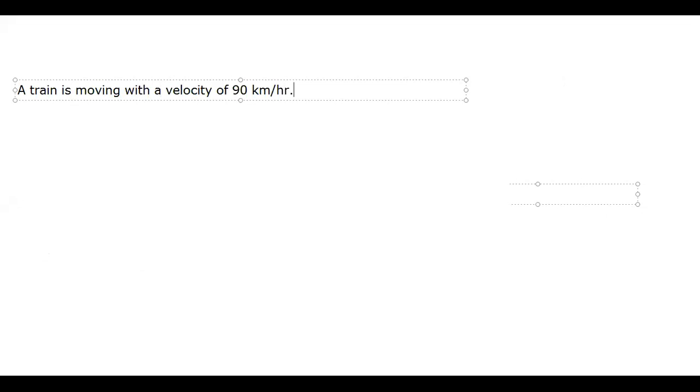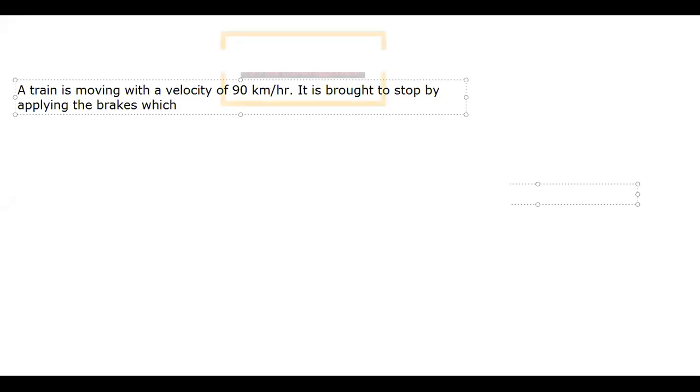It is brought to stop by applying the brakes, which produces a retardation of 0.5 meter per second square.